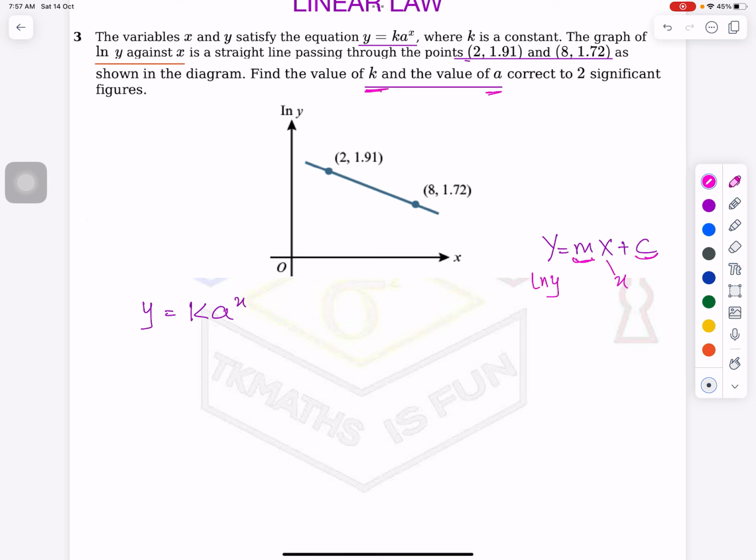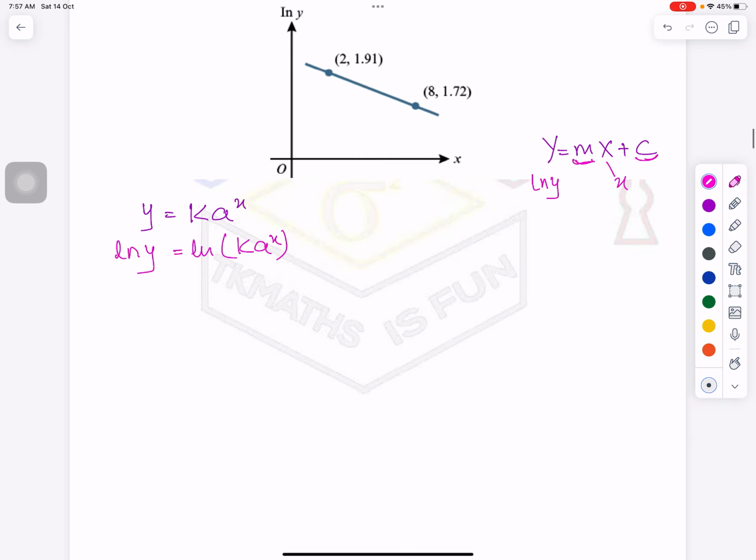So I will take ln on both sides. It will be ln y equals ln k times a to the power x. And I will assume that you know the rules of logarithm here very well. Now on the right hand side I will apply which rule? Product rule. Why? Because two terms are multiplying here. So it will become ln k plus ln a power x.